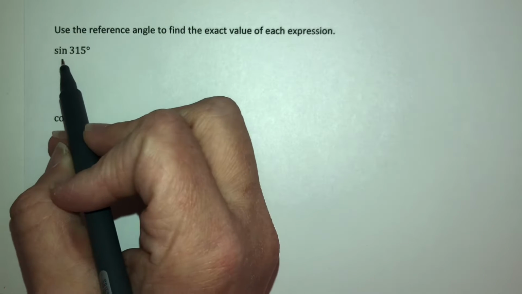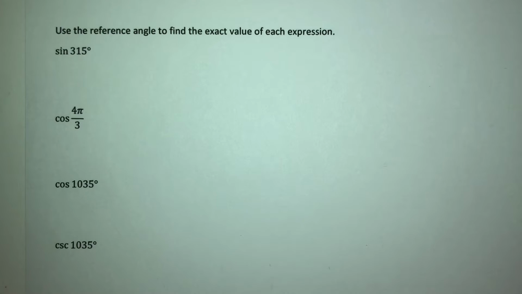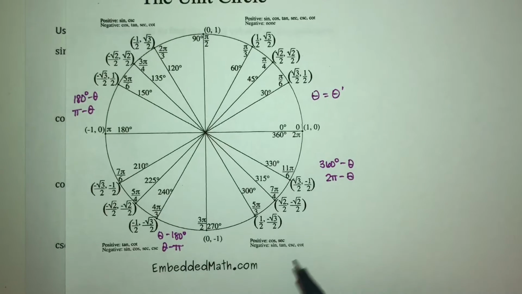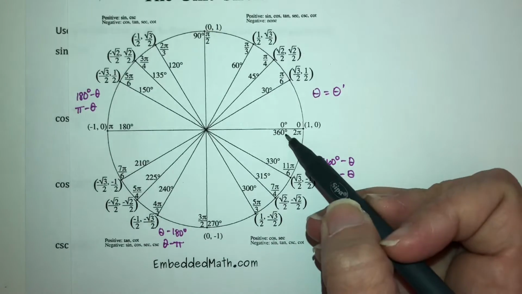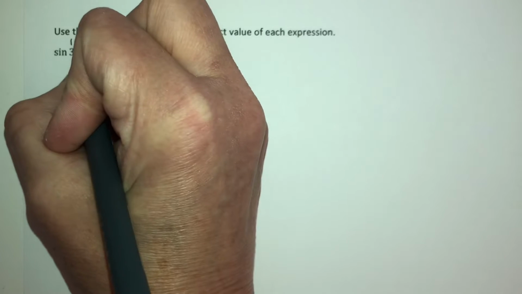So let's find the reference angle for sine of 315 degrees. I've reduced the unit circle here so I can put it all on the screen more easily. And 315 is between 270 and 360, so it is going to be in quadrant 4.